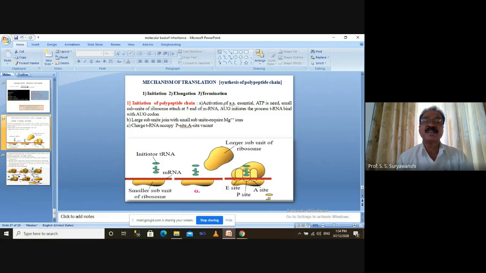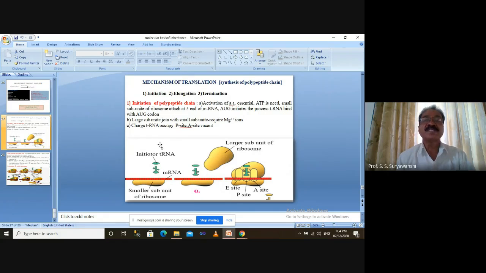So A joins with U as complementary nitrogen bases, then U again joins with A, and G is complementary with C. So this is UAC, which is present on the anticodon region of the tRNA. In this way, the binding process takes place as the complementary nitrogen bases of mRNA and tRNA pair.